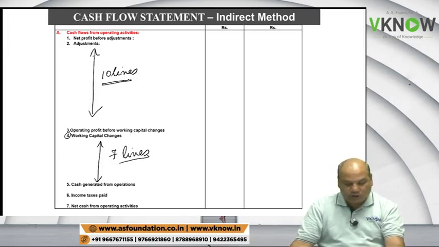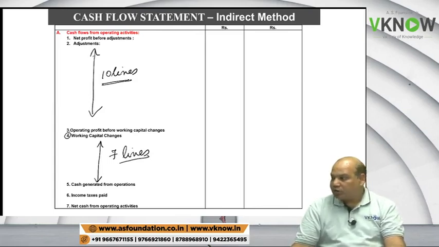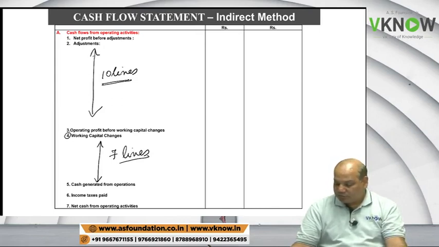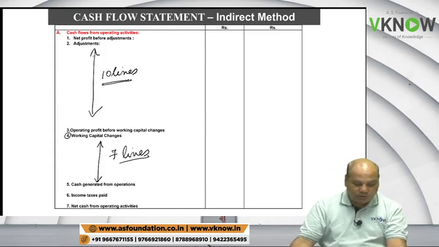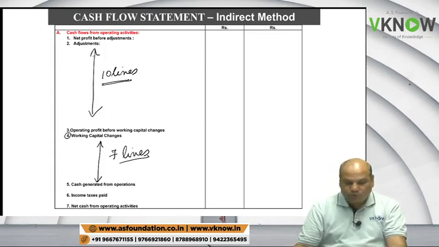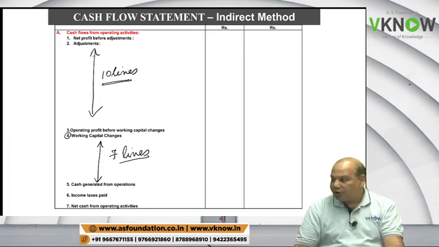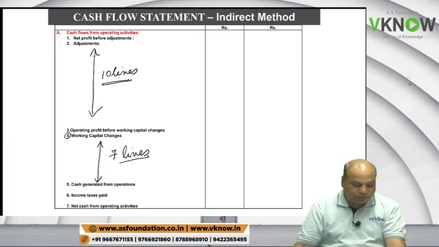Point number six, write down income tax paid. One line blank. Point number seven, net cash flow from operating activities.